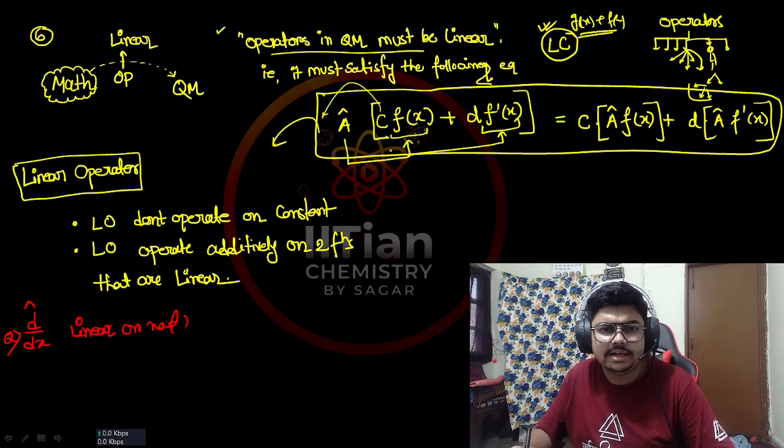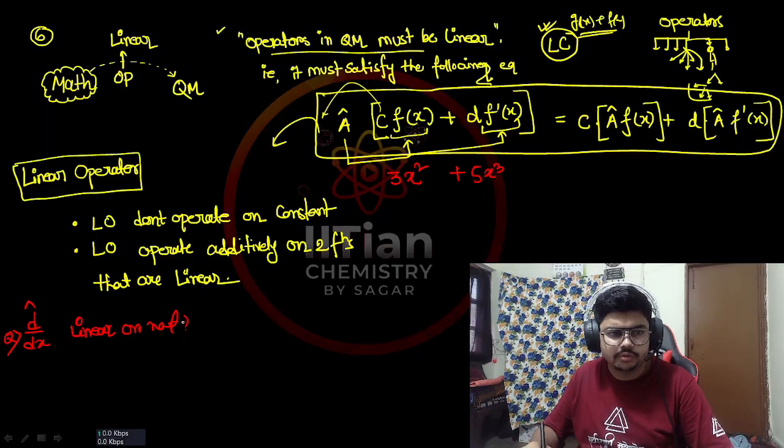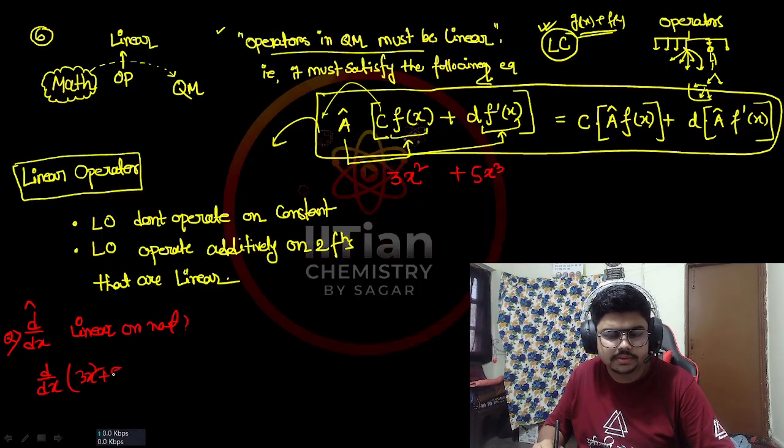Suppose a constant, let's say 3. f of x is, let's say, x square, plus 5 times f dash x, which we just assume to be x cube. So let's operate d/dx on 3x square plus 5x cube.